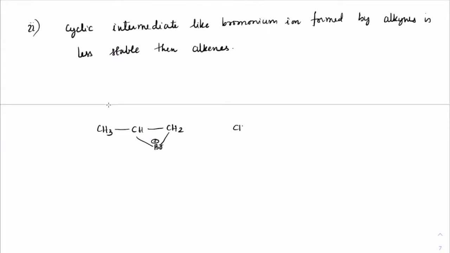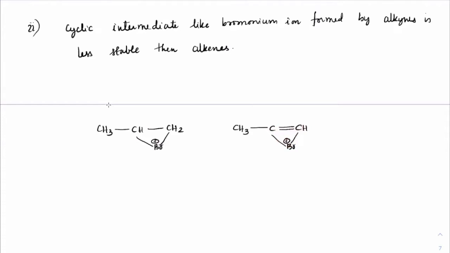Now in here, we have CH3 CH2 C double bond CH with Br plus charge. This is what is formed. Now, which one has the more strained ring? Already both of them are strained rings. On top of that, it is also trying to hold a double bond here.